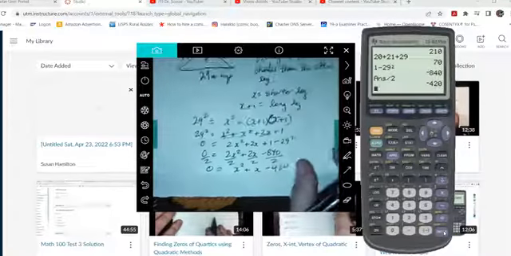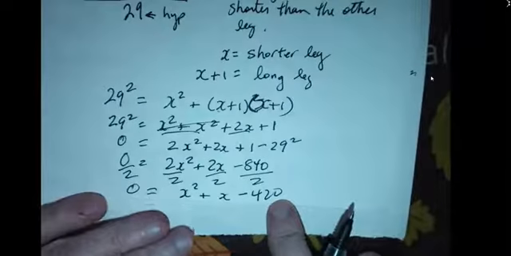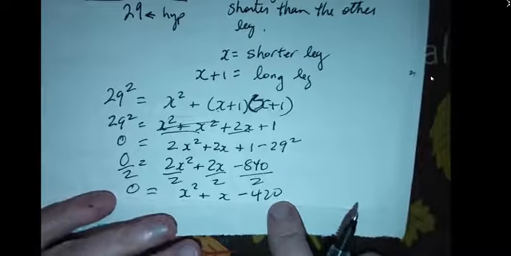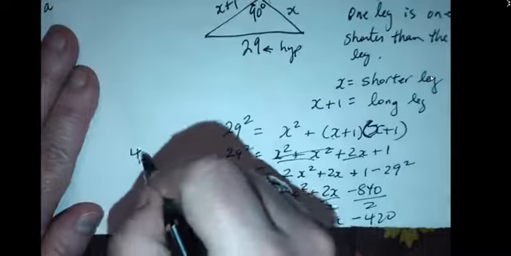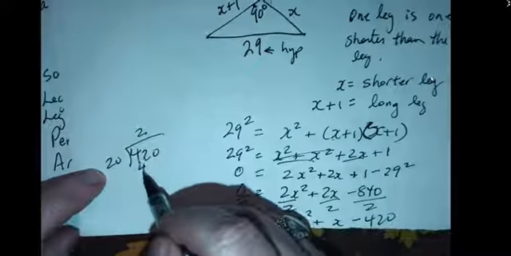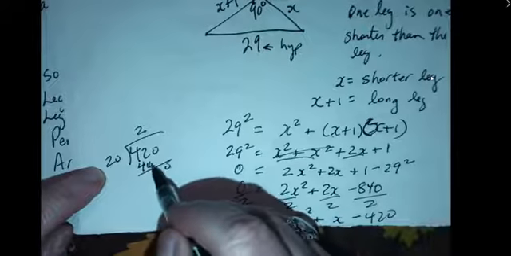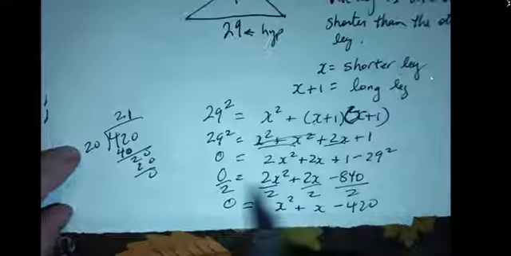Okay, now you can try and factor that, or you can use the quadratic formula. 420, that's going to be 42 times 10, but it's also divisible by 20. 20 times 21 is 420.